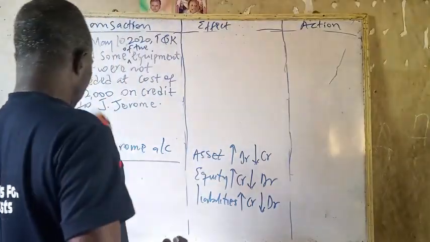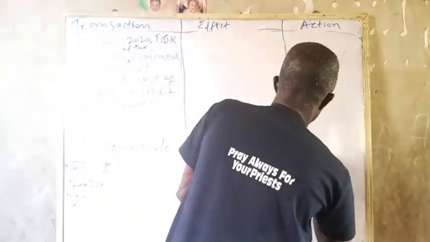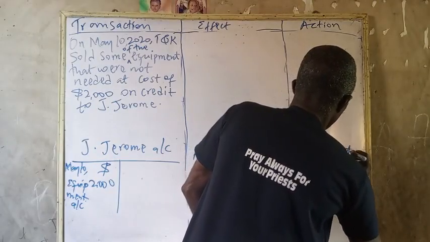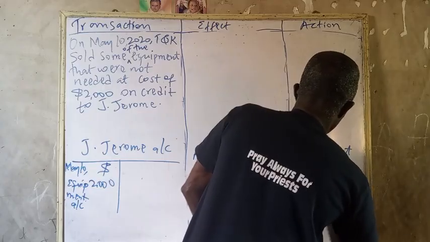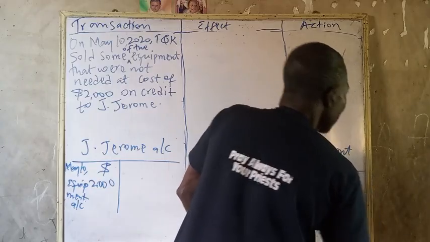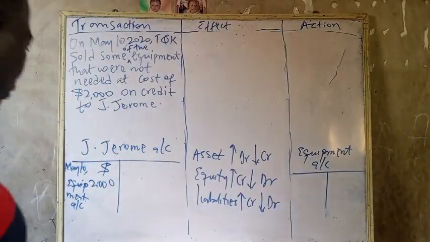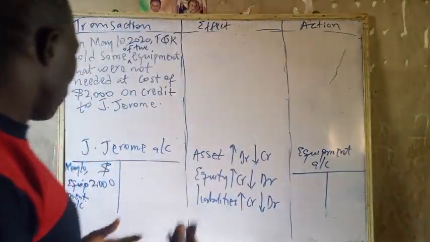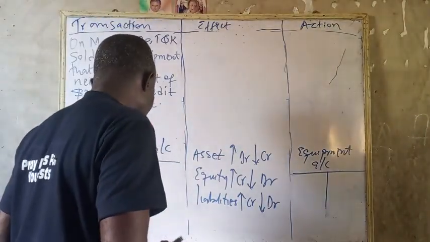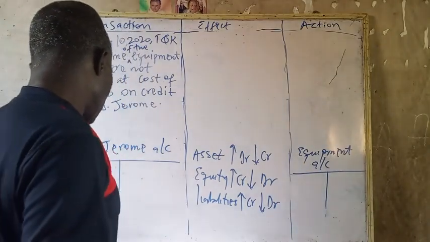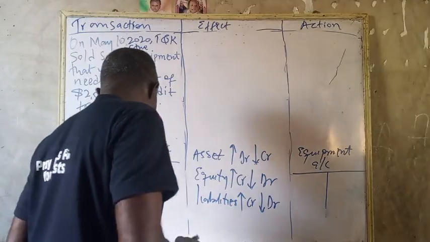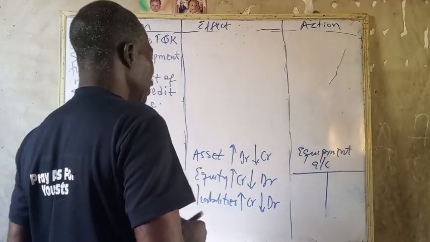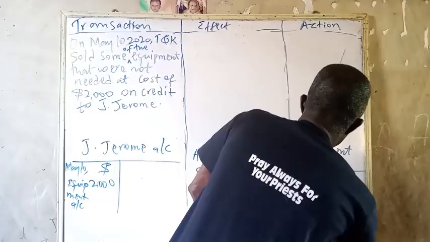Let me open the second one. Equipment account. Equipment account, decrease. When we bought equipment from Toonstoons, the equipment that we bought was $15,000.